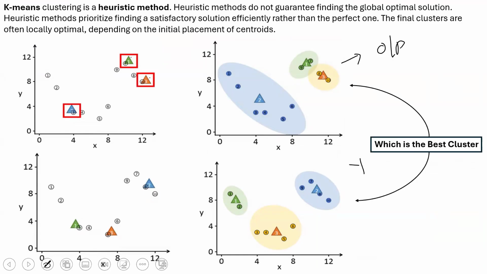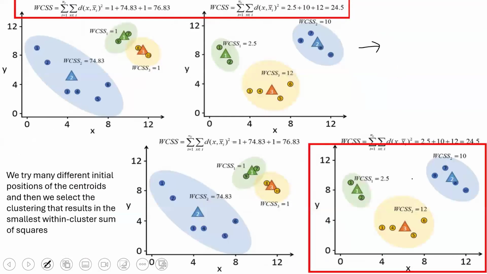This is output one, and this is output two of the k-means clustering. Now for output one, you calculated the within cluster sum of squared errors, and you got a value of 76.83. And for output two, you got the within cluster squared distances 24.5.